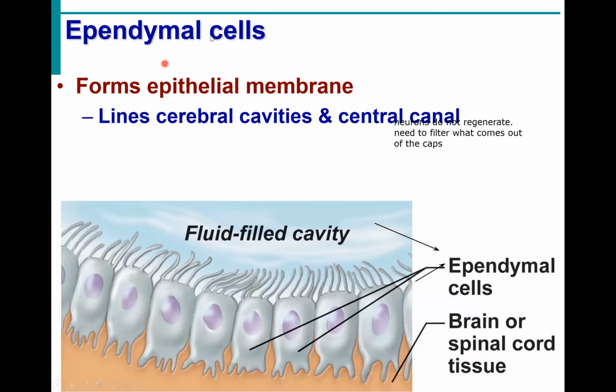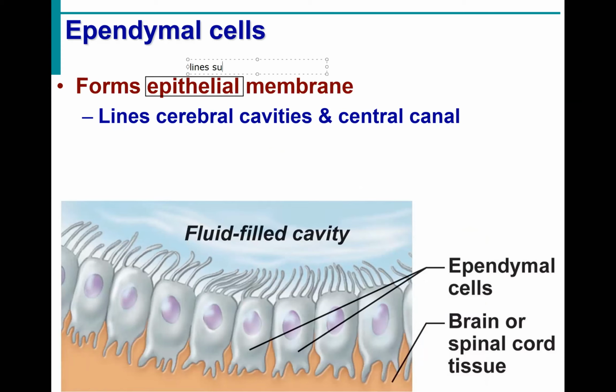Let's talk about our second neuroglial cell, and those are the ependymal cells. Ependymal cells are a form, as it shows here, of an epithelial tissue. Epithelial tissues, of course, as we know, line surfaces. In this case, this lines the surfaces, and in particular, the cavities of our nervous tissue, of our brain. Our brain has space on the outside, and it actually has some spaces on the inside as well.